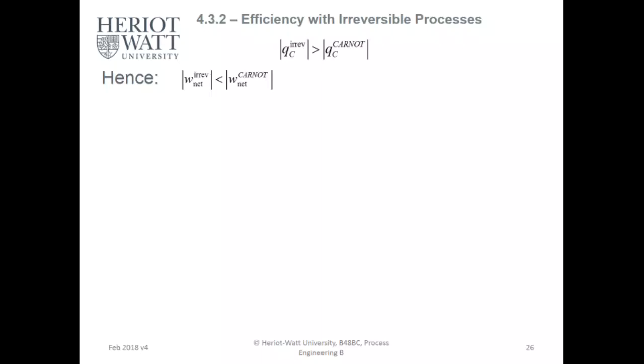Hence, the work of an irreversible process is smaller than the work of a Carnot cycle. So you convert less to work. You have less work done, because the work is what you're looking for. That's the output of your system. Therefore, the efficiency of an irreversible process is always smaller than the efficiency of a Carnot cycle.